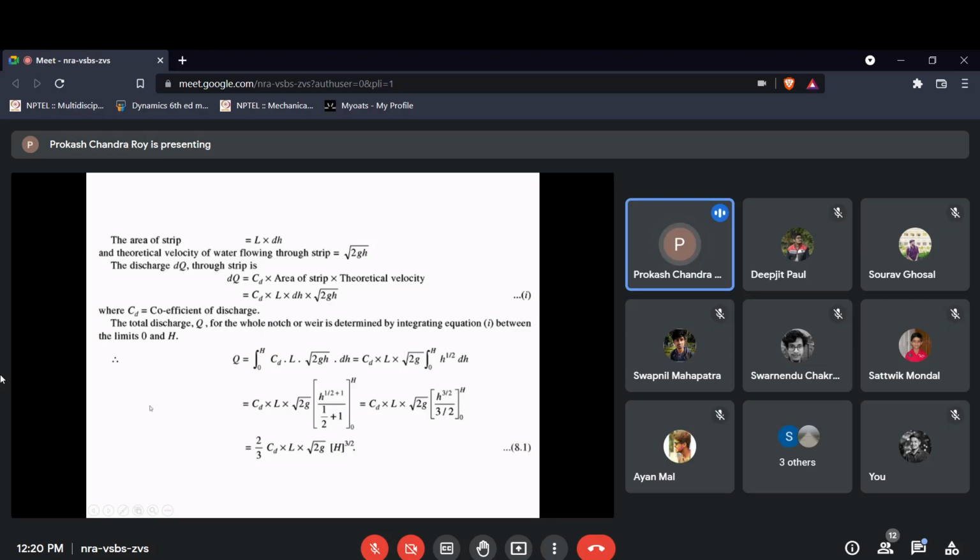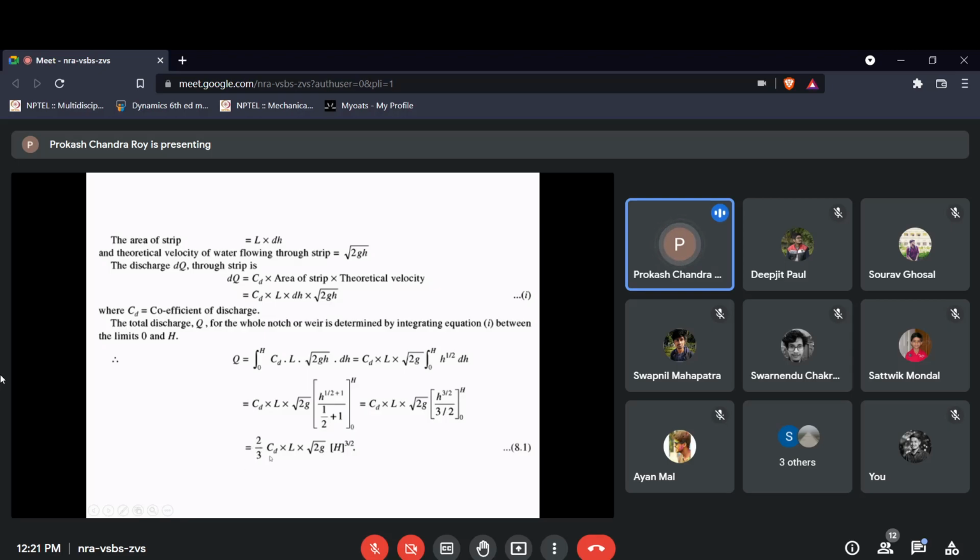Now, if we consider the discharge over the entire notch, then we need to do the integration from 0 to h. If you integrate L root over 2gh dh, you will get a relation for the discharge that is directly proportional to h to the power 3 by 2, and the other parameters are constant.